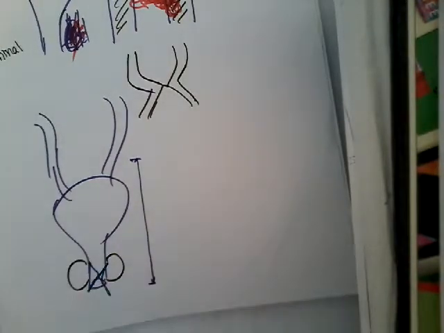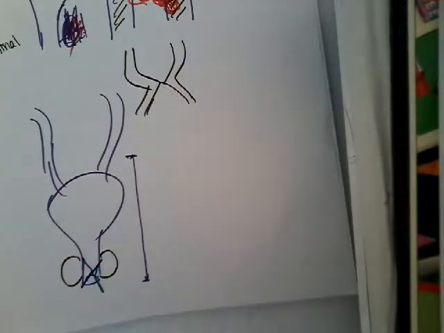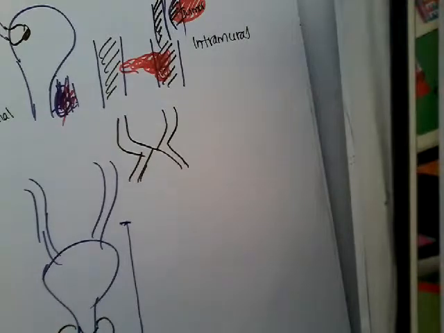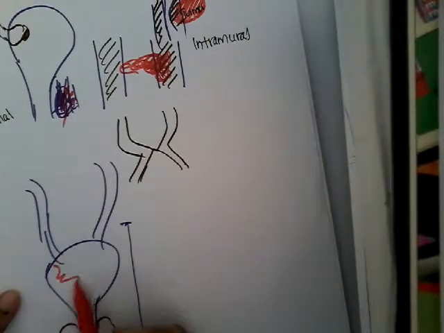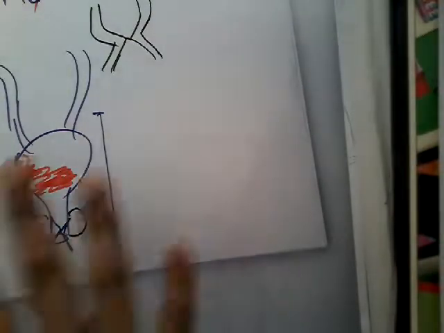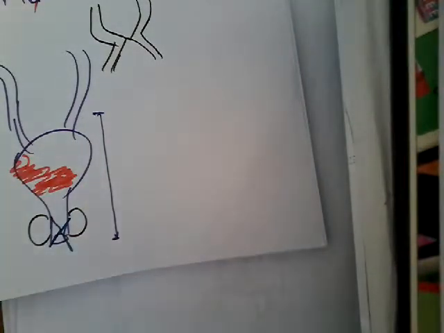There is the prostate here. Sometimes there can be benign prostatic hypertrophy or carcinoma of the prostate, thus causing obstruction here. That is one more. And sometimes there can be bladder carcinoma, which grows and can obstruct the bladder outflow, thus causing hydronephrosis. So these are the different causes of hydronephrosis.